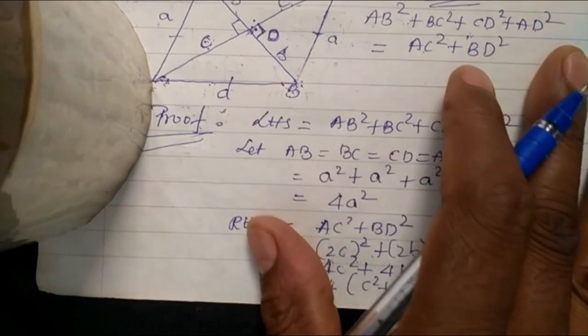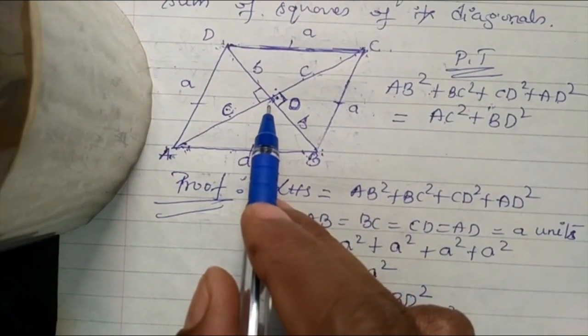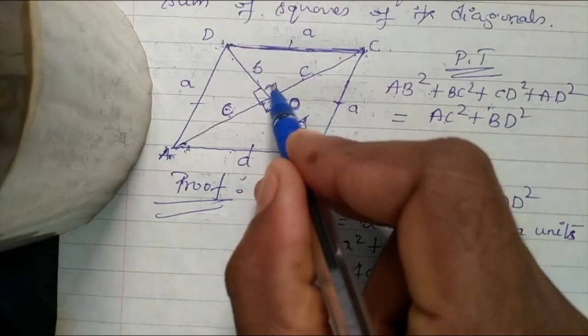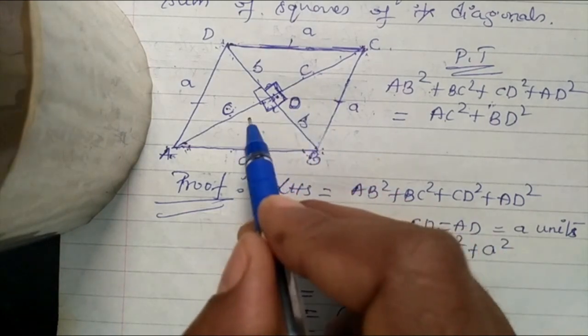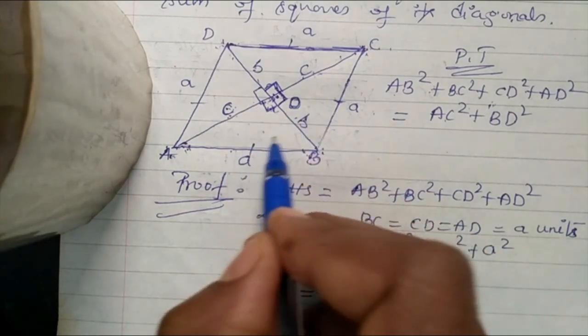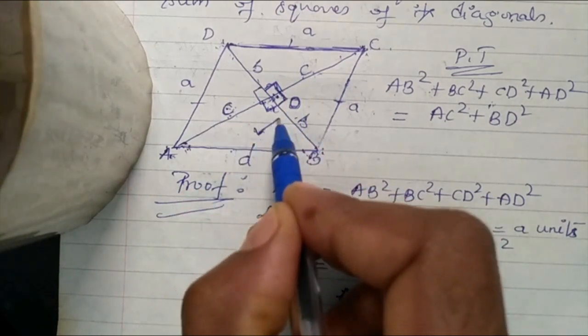Like this we'll get. So, we know that the diagonals meet each other at 90 degrees in a rhombus. We know that the angle between the diagonals is 90 degrees. That is the major property of any rhombus. Finally, this becomes a right angle triangle. There are 4 right angle triangles. Any one triangle you select.